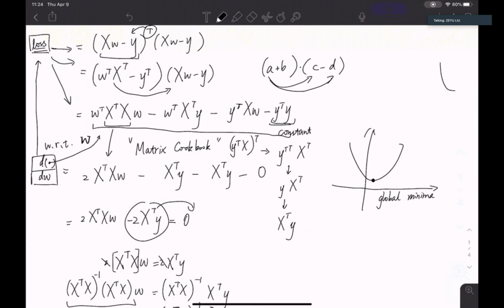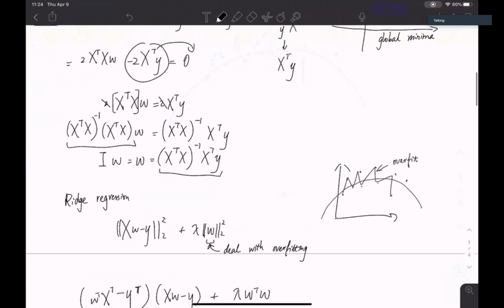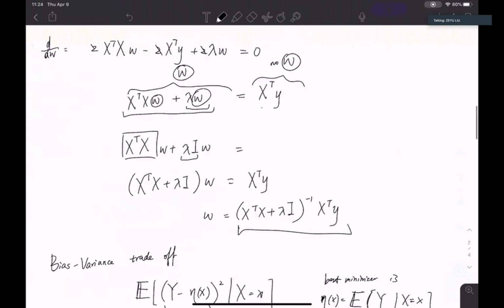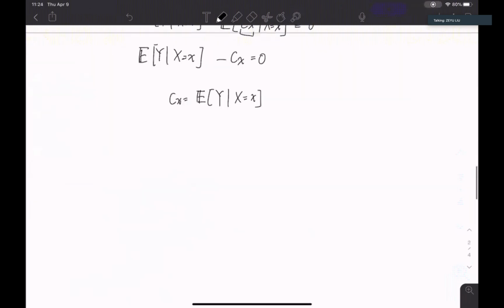But, sorry. Normally, the way you would derive it is that you can write this into its summation form.